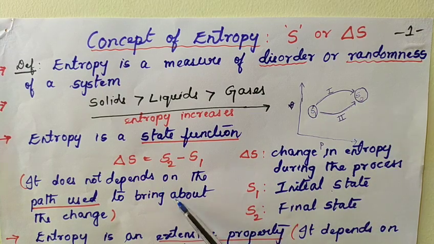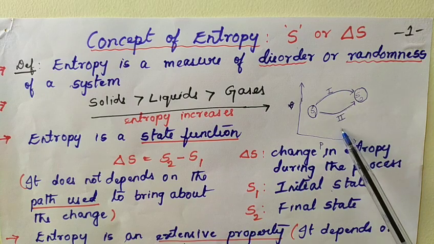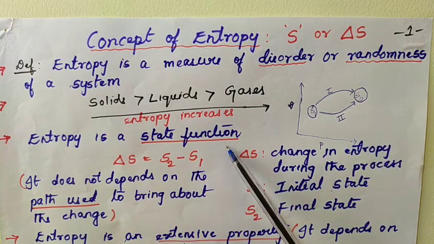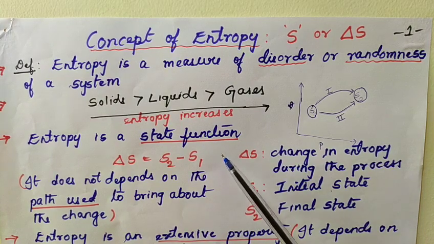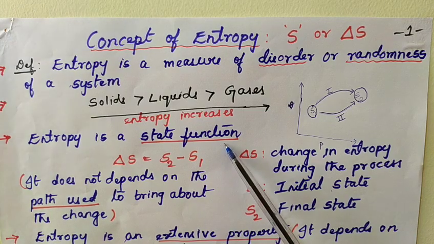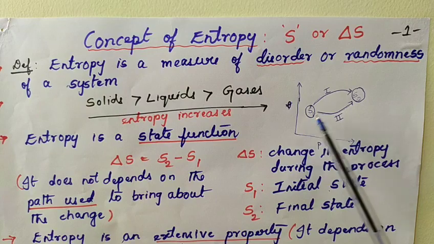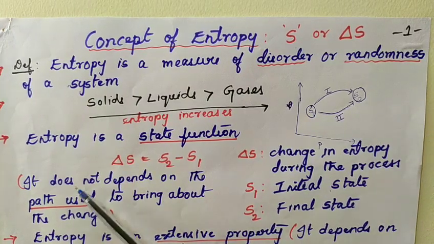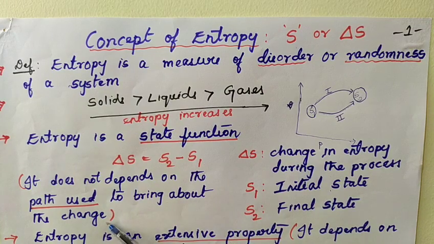It does not depend upon the path used by the system. That is the meaning of state function. That's why entropy is a state function. It depends on the initial state and the final state, and not on the path used to bring about the change.